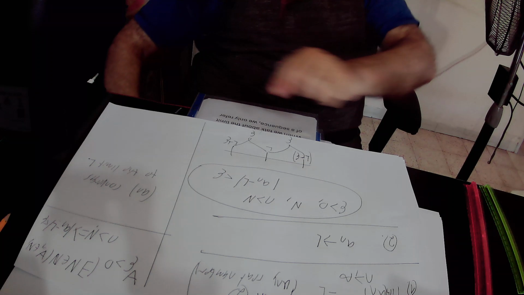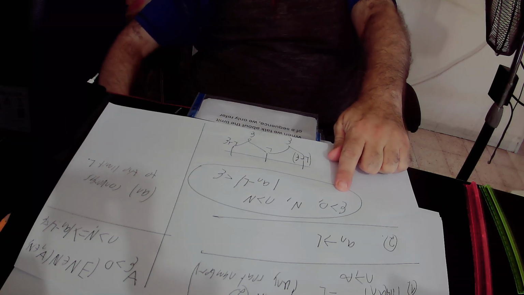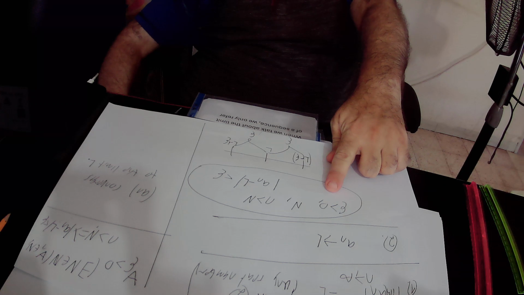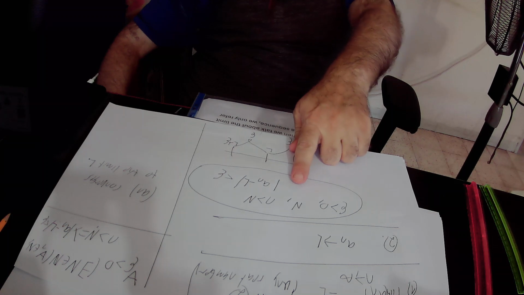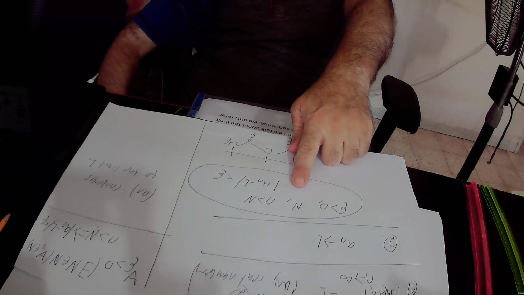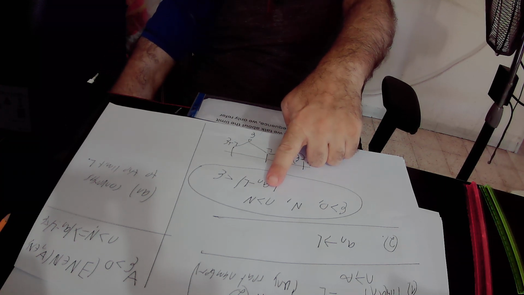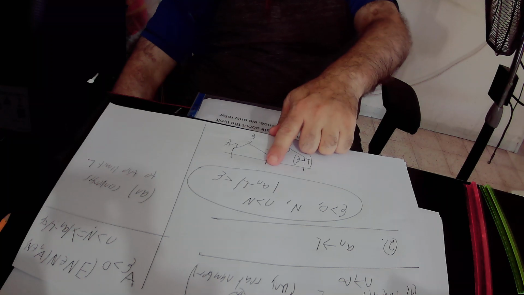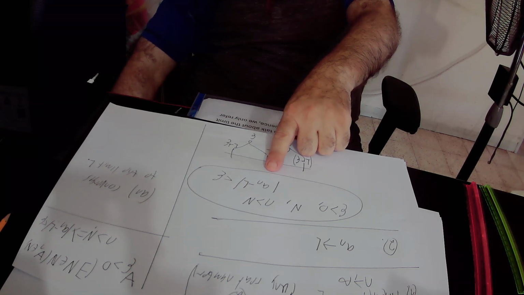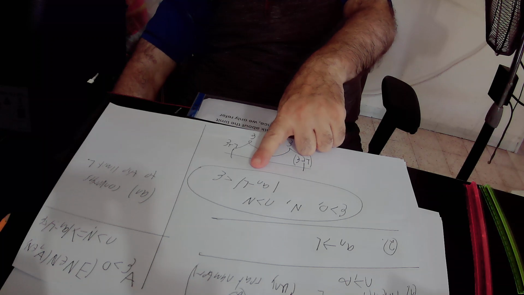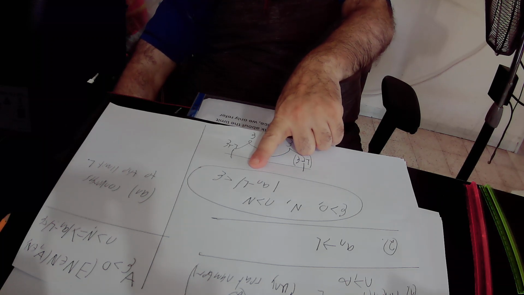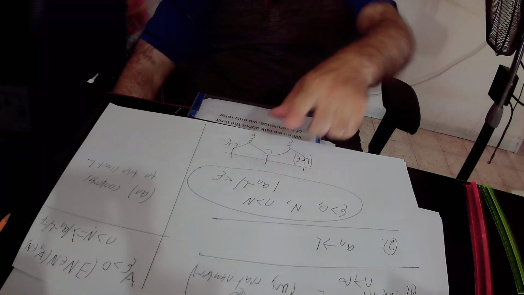The condition is that for every epsilon that is a positive number, as small as we wish, we must find capital N that belongs to the natural numbers, and for every n that is greater than capital N, we will get that the absolute value of an minus L is smaller than epsilon.